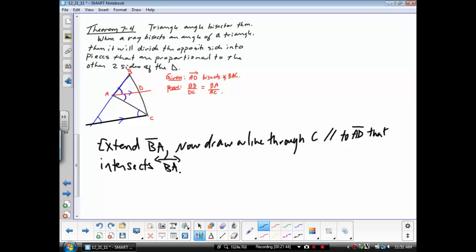Since alternate interior angles are congruent, corresponding angles are congruent, and a bisected angle forms two congruent angles.